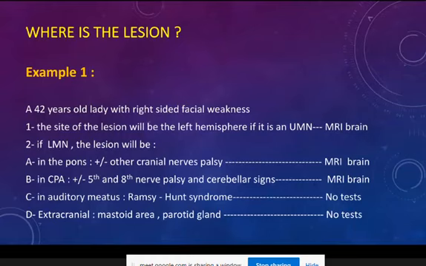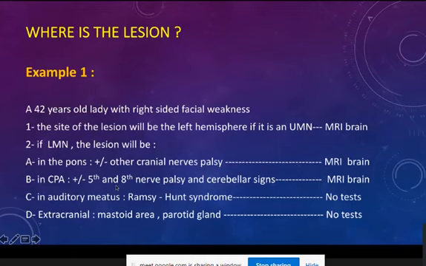When you see the same patient with an upper motor neuron lesion, the site is different. If it's a lower motor neuron, it's different. If it's a lower motor neuron with 6th nerve palsy, 7th or 8th nerve palsy, it's different. If there is 5th nerve palsy, 8th nerve palsy, and cerebellar signs, or cerebellopontine angle, it's different. If the patient has a rash in the ear, we call it Ramsay Hunt syndrome, it's different.